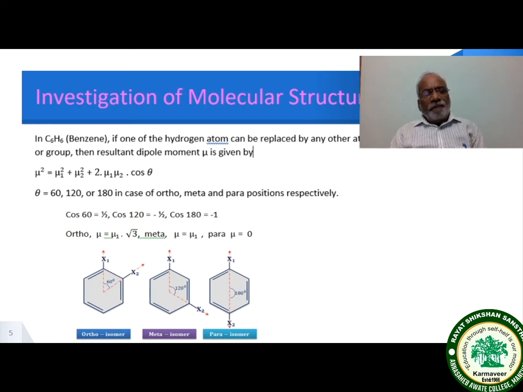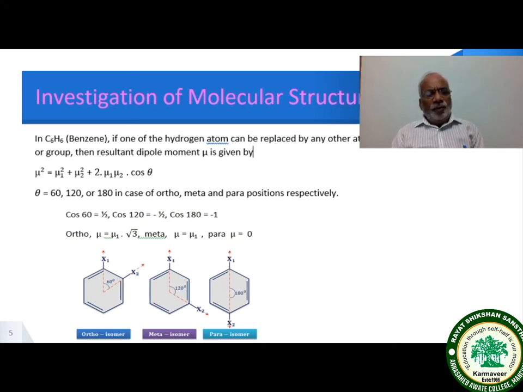Now theta for the ortho position is 60, for the meta position is 120, and for the para position is 180 degrees. And cos 60, cos 120 and cos 180 have the values 1/2, minus 1/2 and minus 1 respectively.